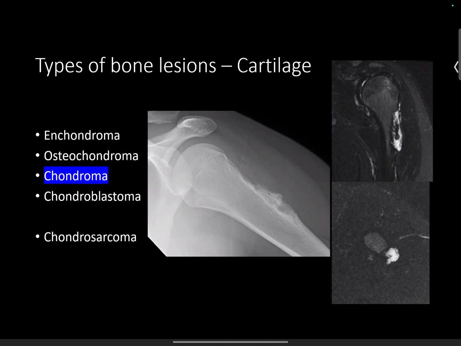Got it. Would you, I'm going to paraphrase this question, need to do an ultrasound for an exostosis if MR is not possible? Not really. You could do an ultrasound, yes, because if you do an ultrasound, you can see the cartilage cap actually very well. It will be a hypoechoic area.